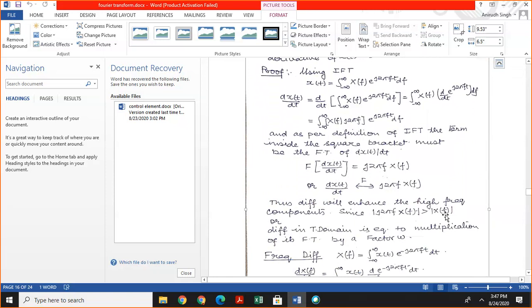Or we can say that differentiation in time domain, when we have dx by dt, is equivalent to the multiplication of its Fourier transform by j omega. If we take the Fourier transform of the differentiation of a signal, it is equal to its Fourier transform multiplied by j omega.